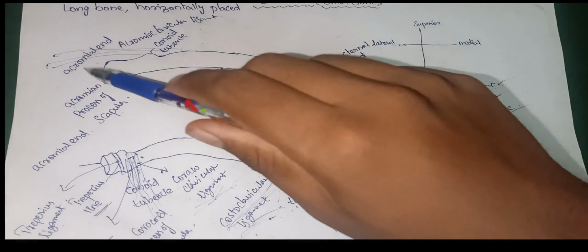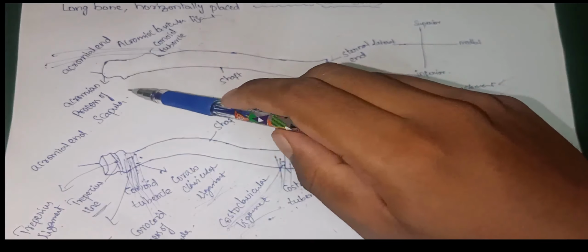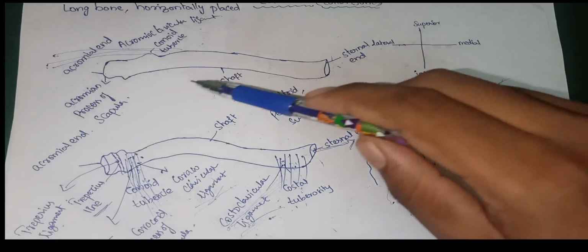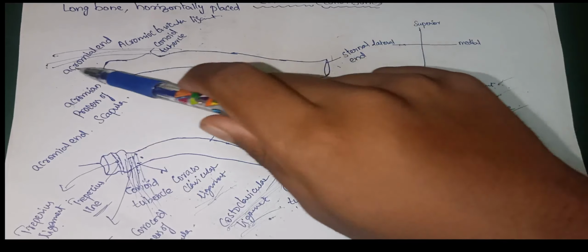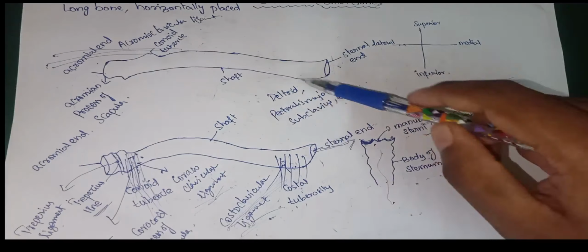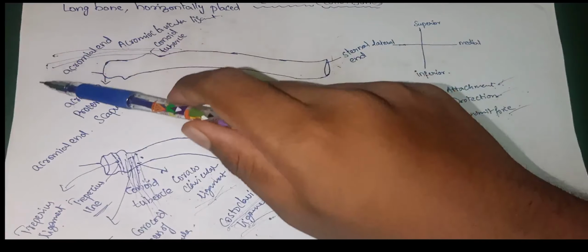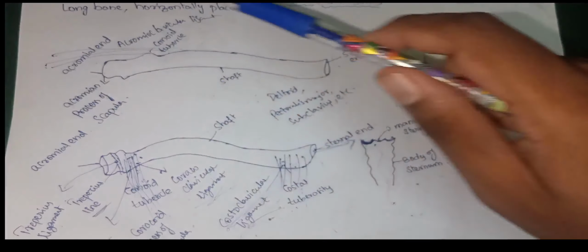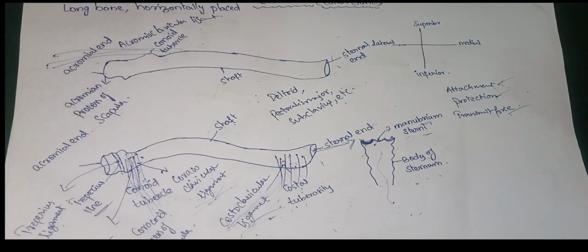It acts as the shoulder girdle, and as the attachment between the upper limb and trunk.